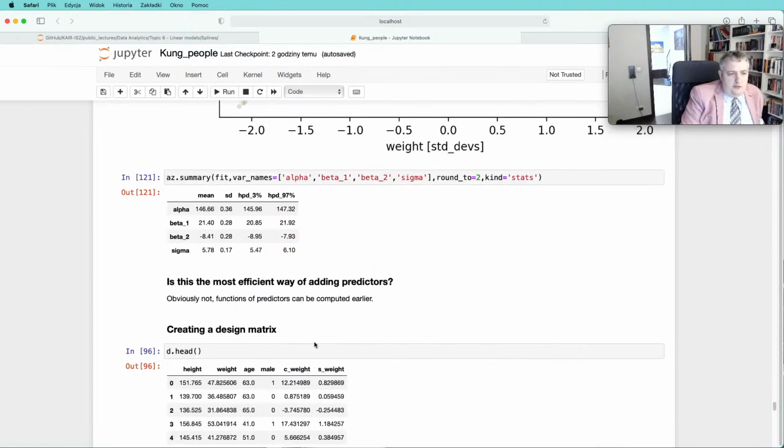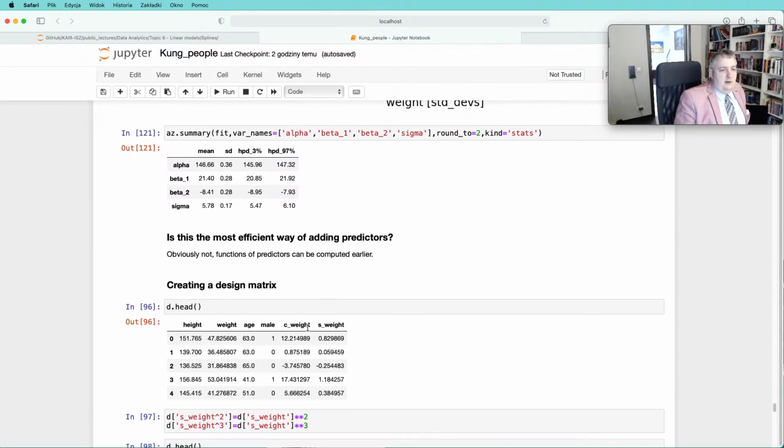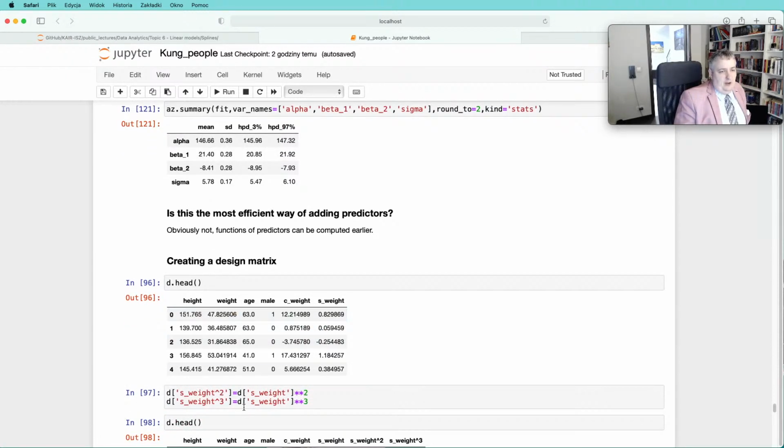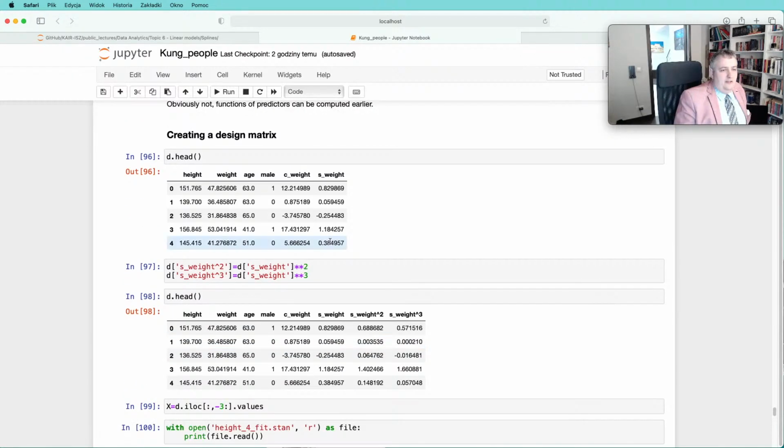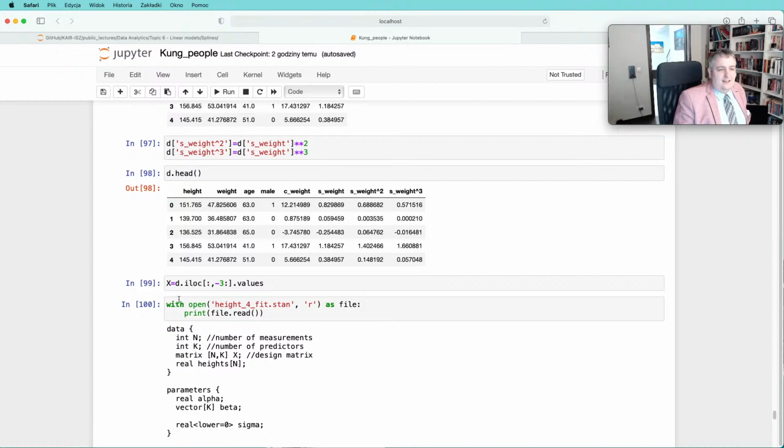However, this is not the most efficient way, because we can compute the predictors earlier by so-called design matrix, adding square and third powers, for example, to our original data sets, and setting the design matrix x as a proper part of our data frame, in this case those last 3 columns.